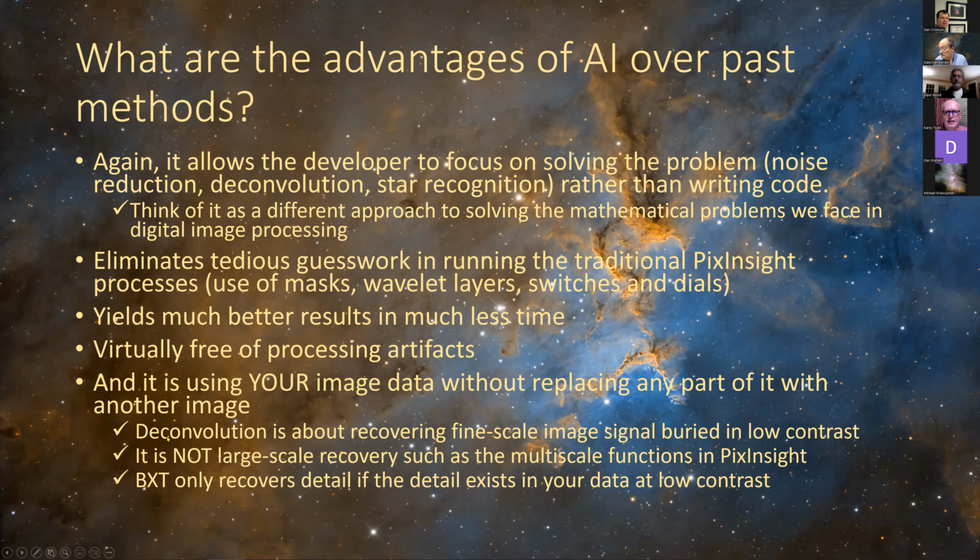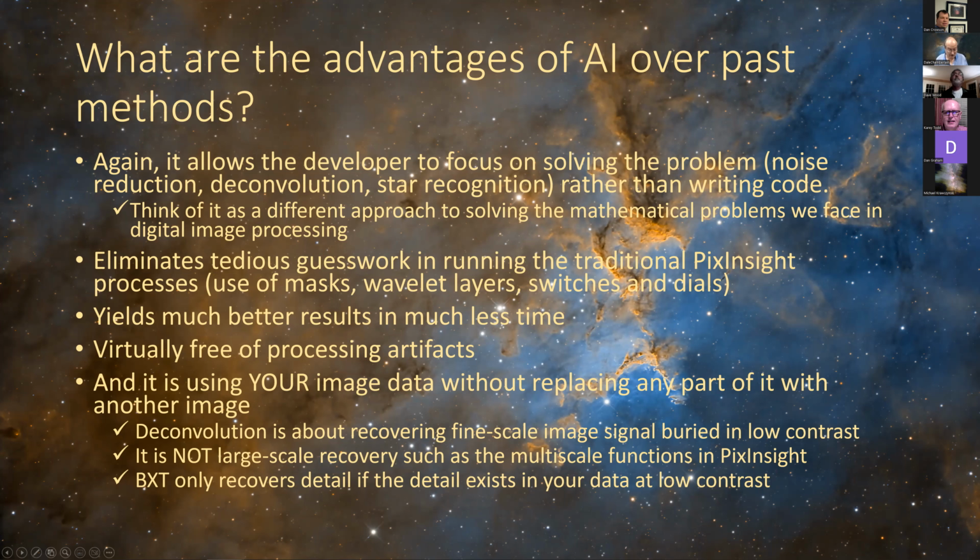So we want to talk a little bit about deconvolution, which is about recovering fine scale image signal that's buried in low contrast. It is not large scale recovery, such as the multi-scale functions in PixInsight do. And Blur Exterminator only recovers detail if the detail exists in your data at low contrast.